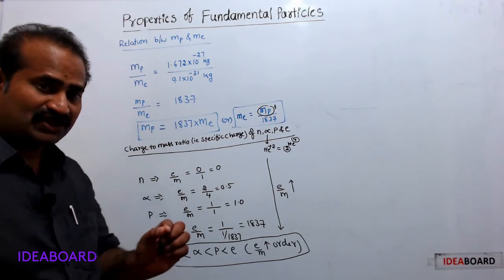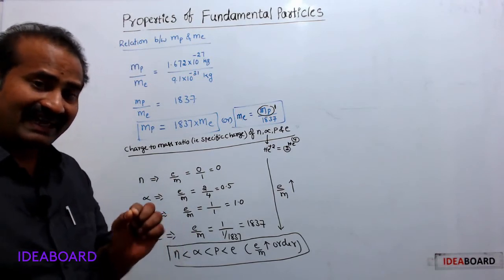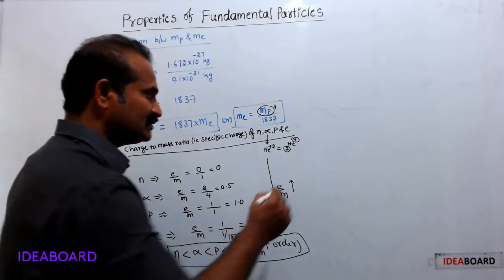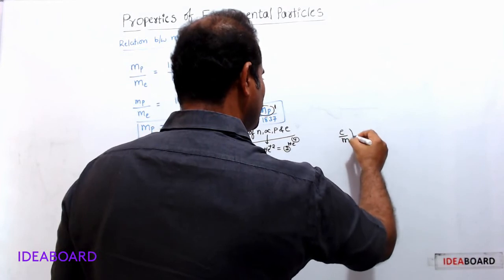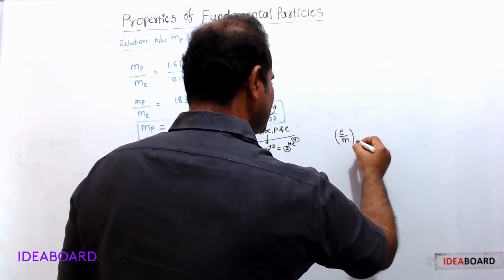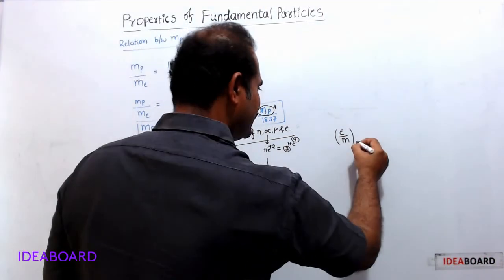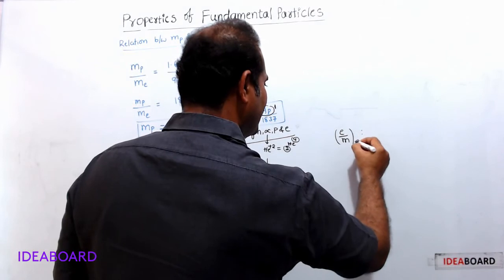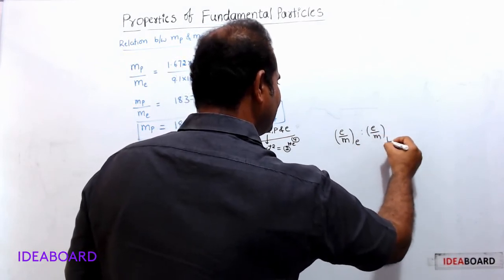Sometimes based on this, questions may be asked in objective exams. What is the ratio of specific charge of electron to proton? So here you need to find the ratio of specific charge of electron to that of proton. That means e by m of electron is to e by m of proton.